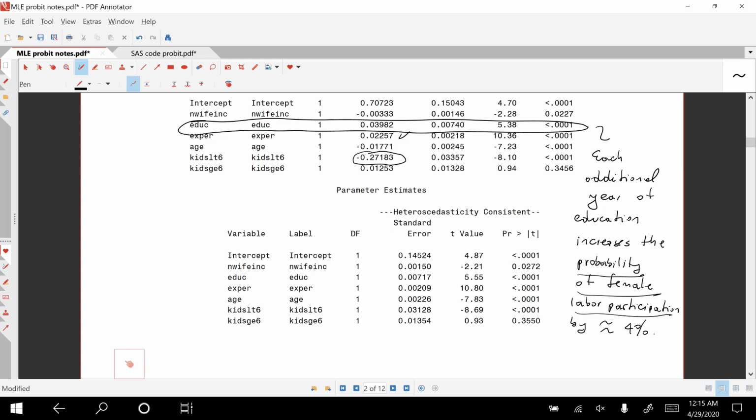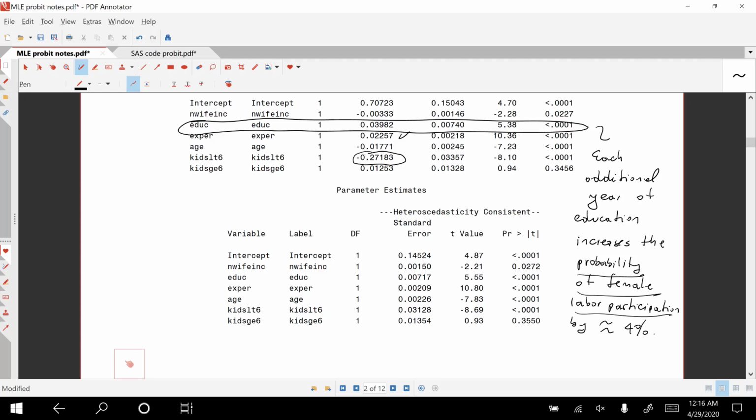So each additional kid whose age is less than 6 years decreases the probability of female labor participation by about 27%. So that's a very, very large effect.